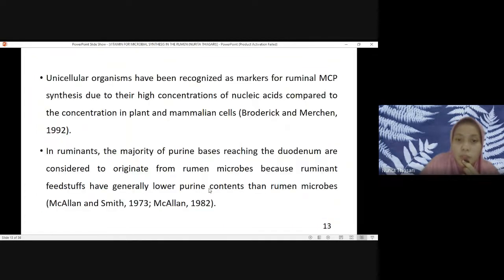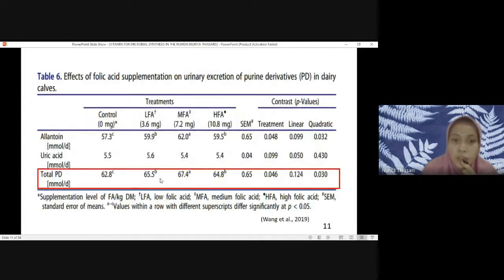If we see from this figure, if we see the control, the allantoin is 57, and then it increases with the addition of the folic acid. As I mentioned before, allantoin is one of the results of the breakdown of the nucleic acid from the microbial protein synthesis.